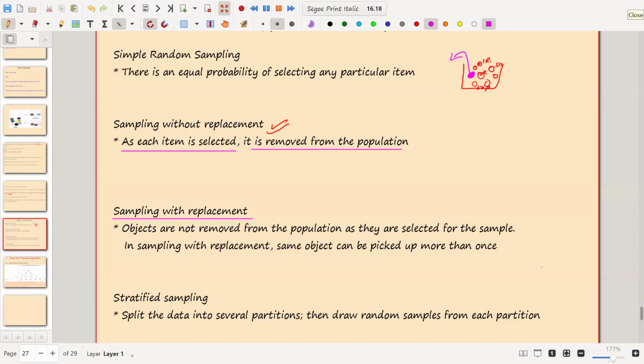Since the pink coin is again in the population, it can be chosen again. So it can be chosen more than one time. Whereas in sampling without replacement, the pink coin is already out of the population and it won't be put back inside. So when you choose another coin, it will never be there. So you can never choose it. Is it okay?